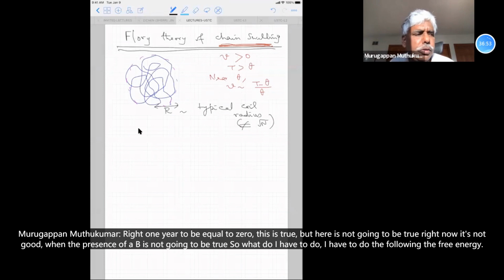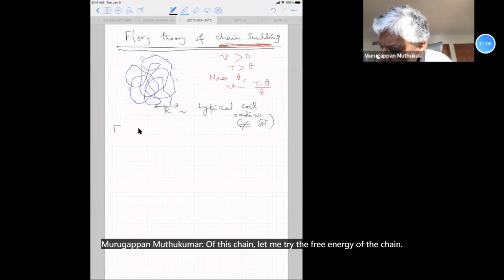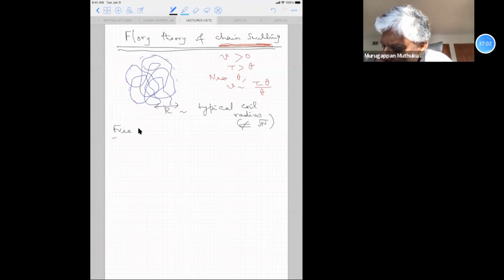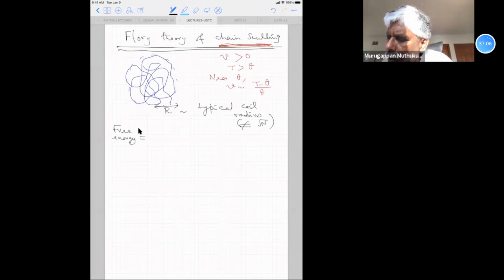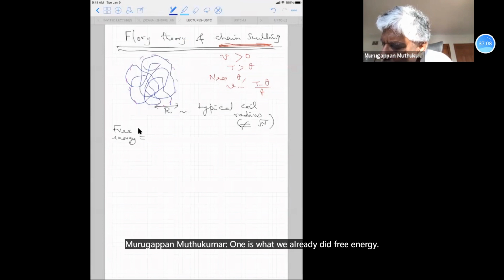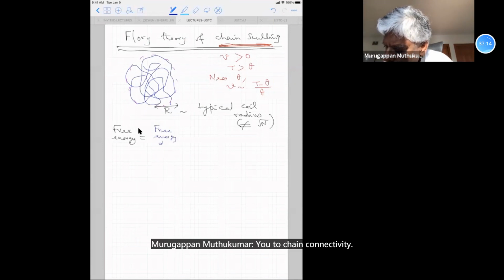So what do I have to do? I have to do the following. The free energy of the chain is going to have two parts. One is what we already did, free energy due to chain connectivity.